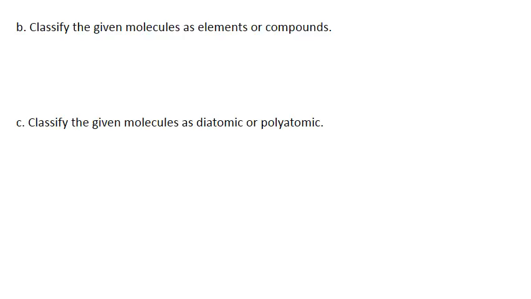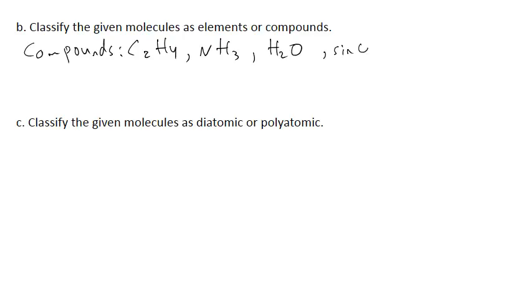Okay, then part B, classify the given molecules as element or compound. Give me the compounds first. Which molecules are compounds? C2H4, NH3, H2O. Why are they compounds? Because they have different elements. Yes, since they consist of different atoms.